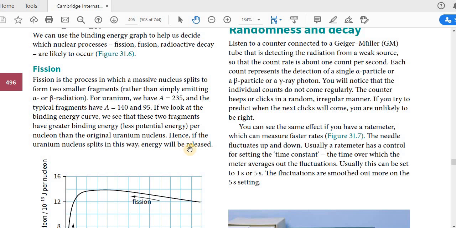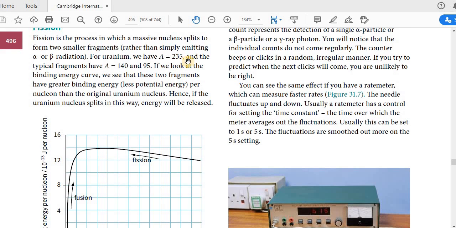For uranium, A is equal to 235, that is the nucleon number, also called the mass number, and the typical fragments have A equals 140 and 95. Now previously we have learned about this even in the O-level class. You can see the lessons on that to have a better understanding.